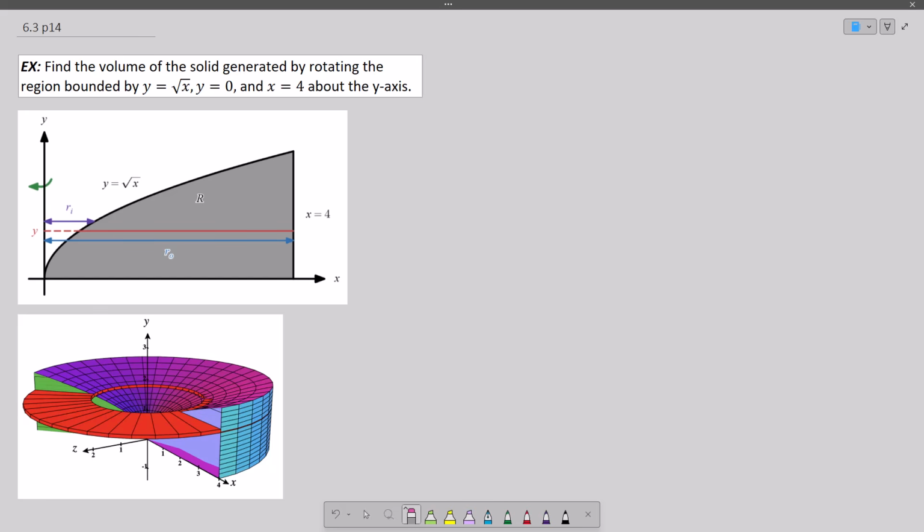Let me ask you this. These are just representative distances. We could draw it there, there, or here. Do those distances change? Right, that distance is going to be 4 no matter where you do your representative outer radius. So that distance is always 4.